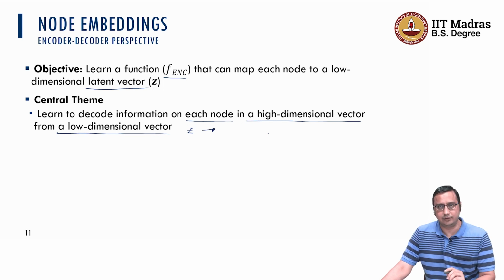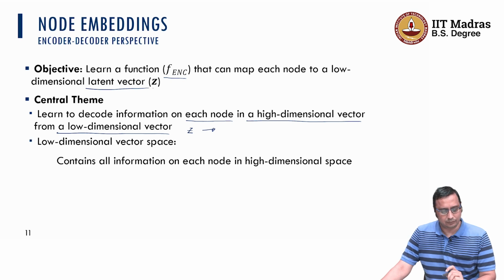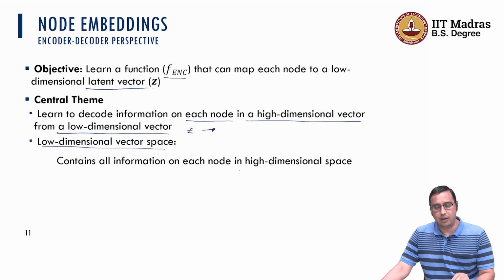If I can learn such an encoder, then what I can ensure is that my lower dimensional vector space, which is basically defined by Z or a set of Z's, contains all the information on each node that is represented in higher dimensional space.